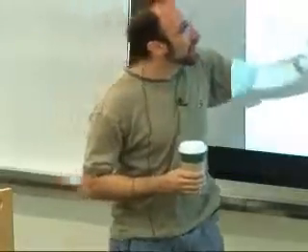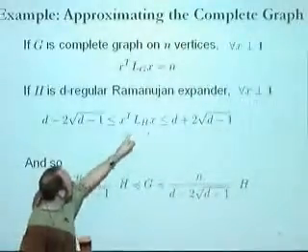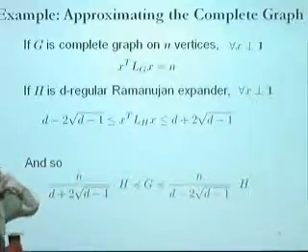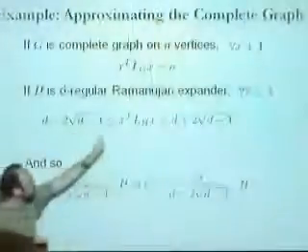Let me say that one of the most famous examples are the Ramanujan expanders, which you can characterize this way. They're d-regular graphs. And the property that they have is that for all vectors x, the quadratic form in the Laplacian of the expander is very tightly controlled. It always lives between d plus or minus 2 root d minus 1.